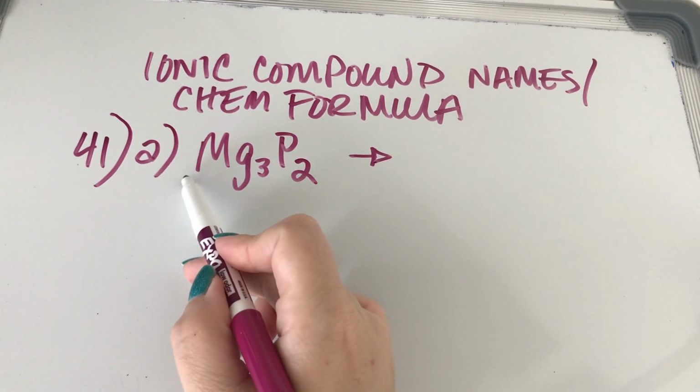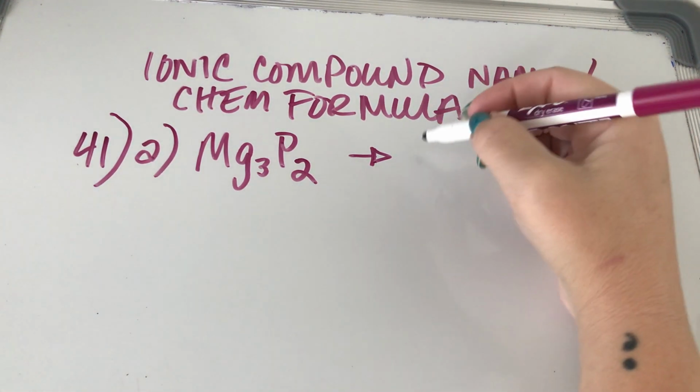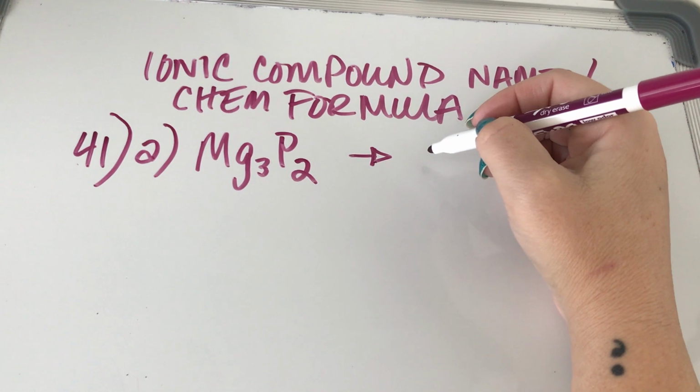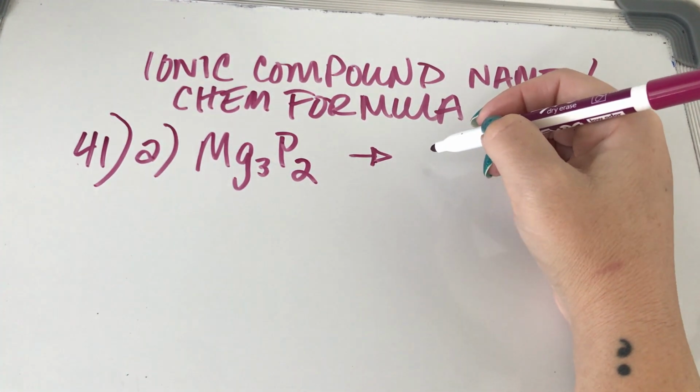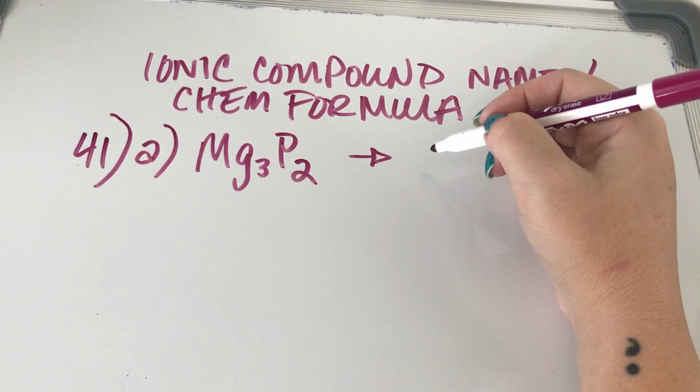What is the cation name? Isn't that magnesium? Mm-hmm. If we were just naming the ion, it would be the magnesium ion, right? But when we put them into the ionic compound name, we get rid of the ion.